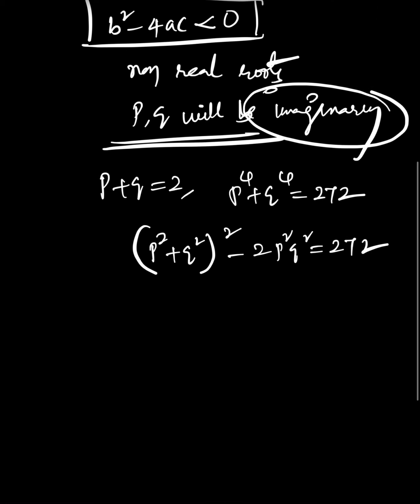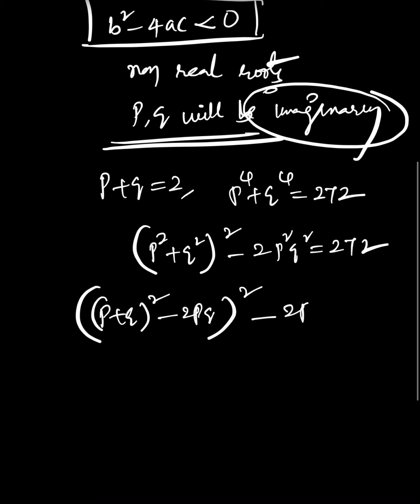Now this is ((P plus Q) whole square minus 2PQ) whole square minus 2 (PQ) whole square equal to 272.